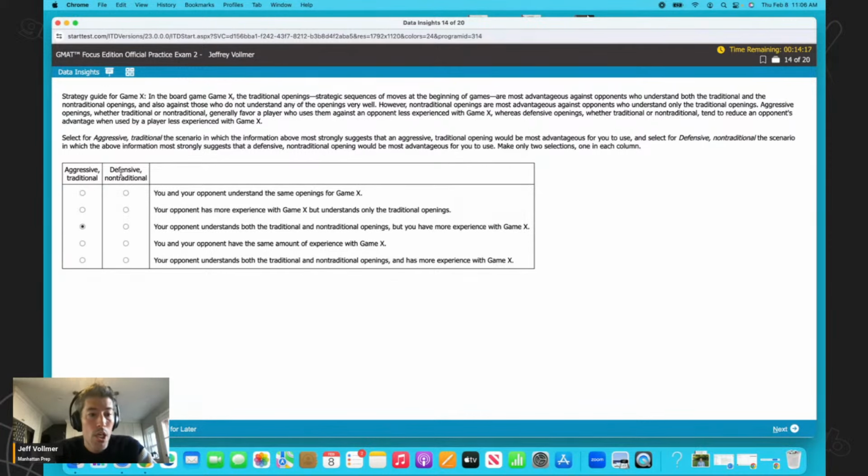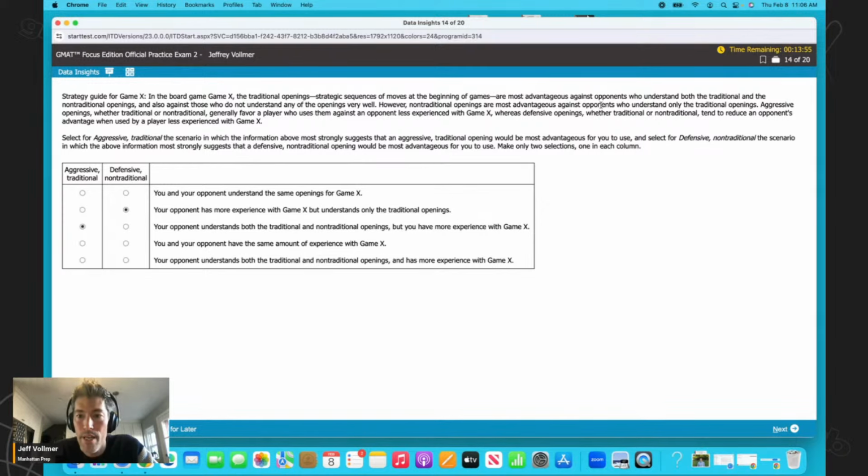That one looks good. You want to be defensive non-traditional when your opponent has more experience, right? Defensive says here, reduce an opponent's advantage when used by a player with less experience. So if I have less experience, my opponent has more, I want to be defensive. And remember, non-traditional is when your opponent only understands the boring stuff.